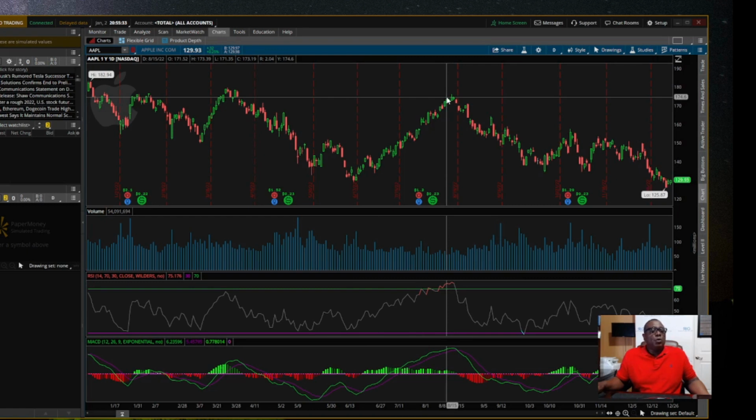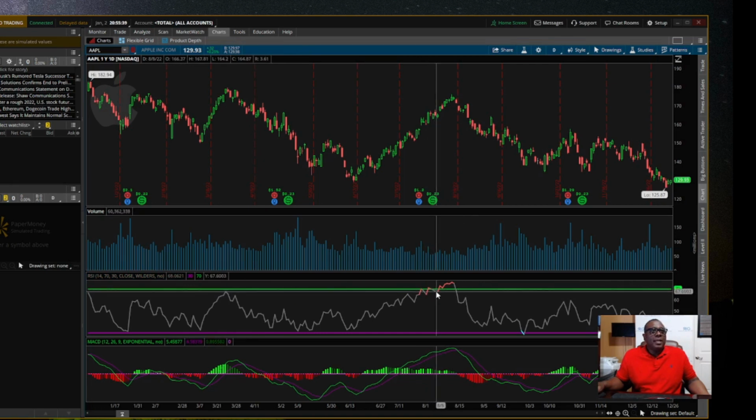So if you were trading this stock, you may want to consider, once the relative strength index got around 70, that the price of the stock was peaked out, meaning there were more buyers in there and the price of the stock wasn't going up anymore. So chances are it was going to sell off, which it did.